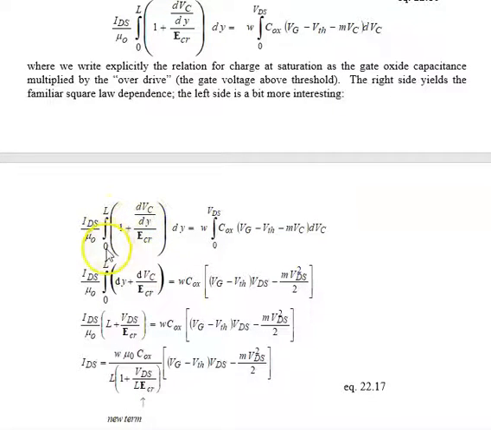What's the voltage at the source? Well, it's 0. What's the voltage at the top, L? It's VDS. So this part, the dy comes in here.